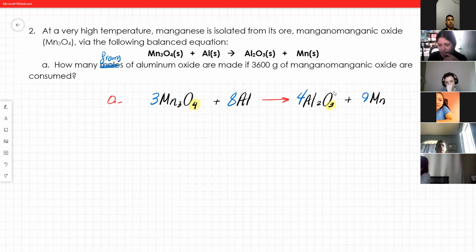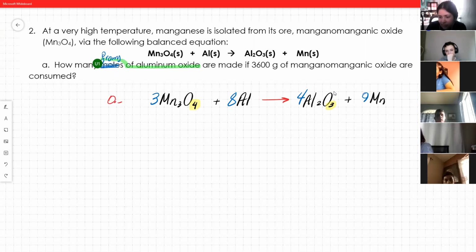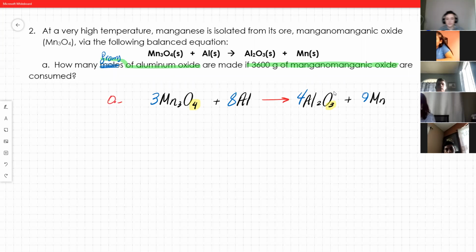So I need to relate the two substances, aluminum oxide and manganic oxide. Those are the two substances that are related. Now you might be thinking, what's that? I cannot even pronounce it, I cannot even read it.